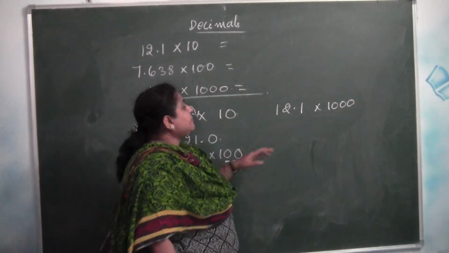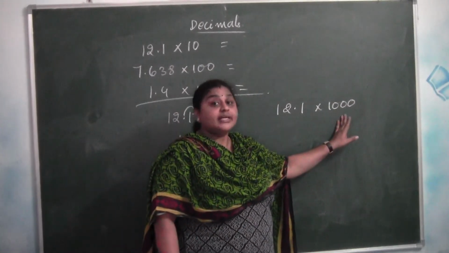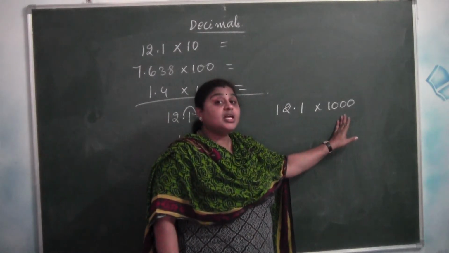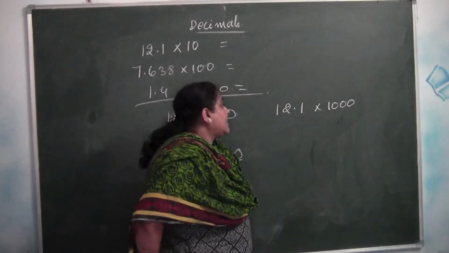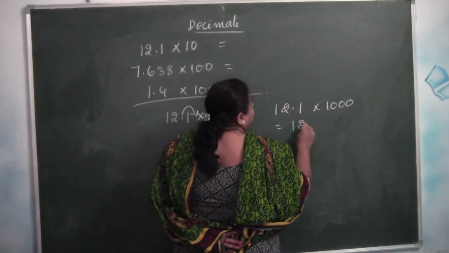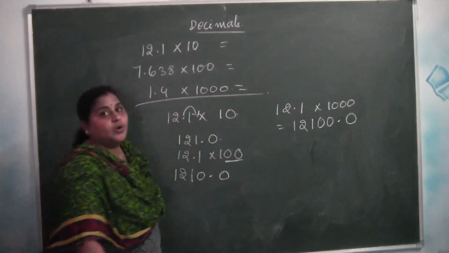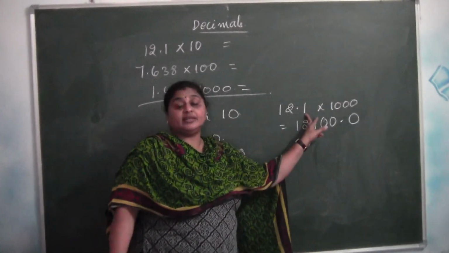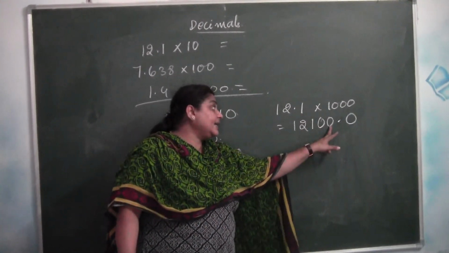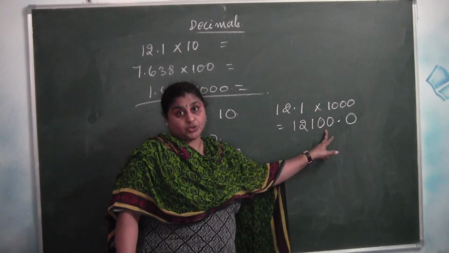So here I have 3 zeros. Decimal will jump after 3 digits. I mean 12100.0 because I have only one digit here. That's why I have added 2 zeros over here.